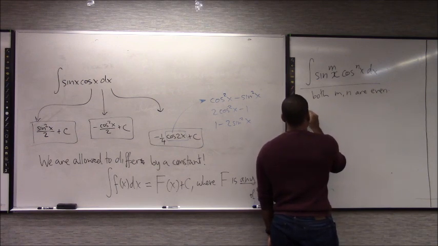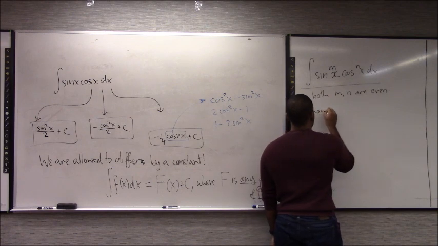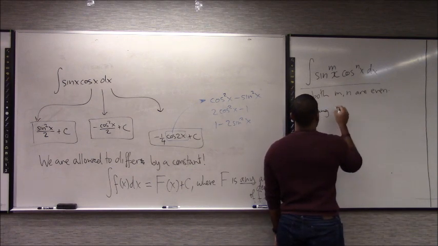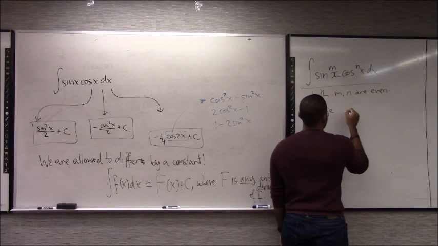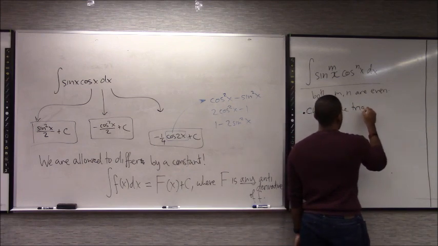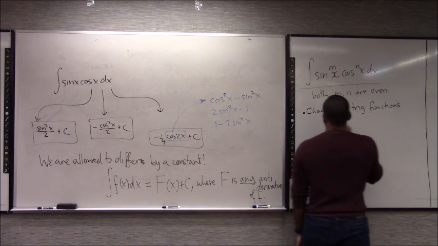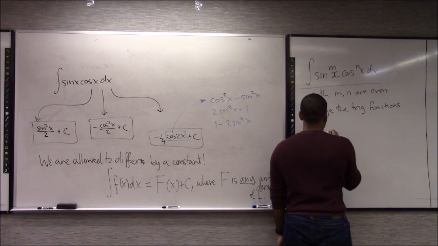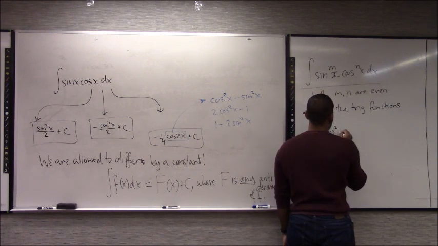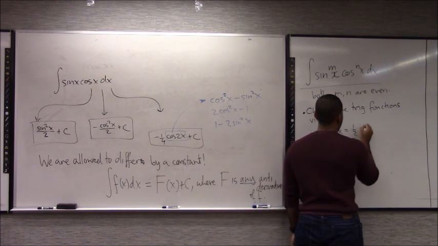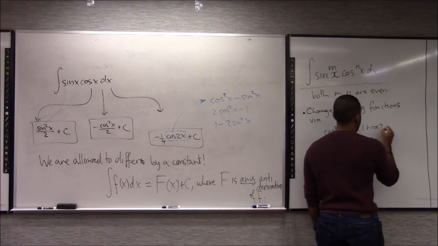So what you do is change the trig functions. You change both of them if they both appear. You know that the cosine squared of x is actually 1/2 times 1 plus cosine 2x.